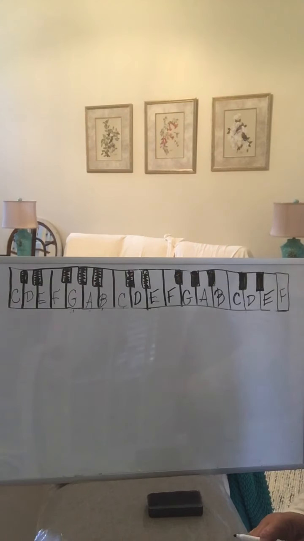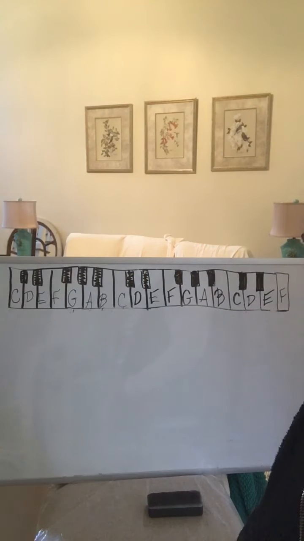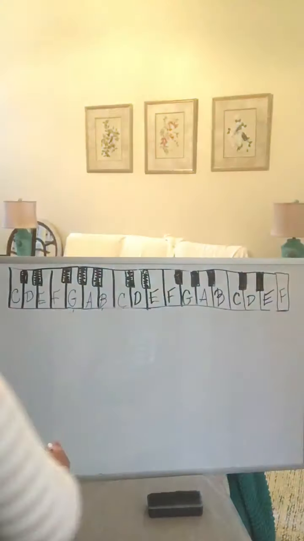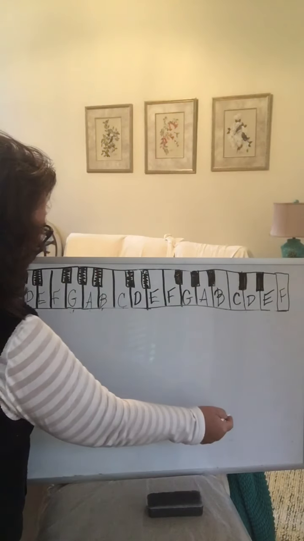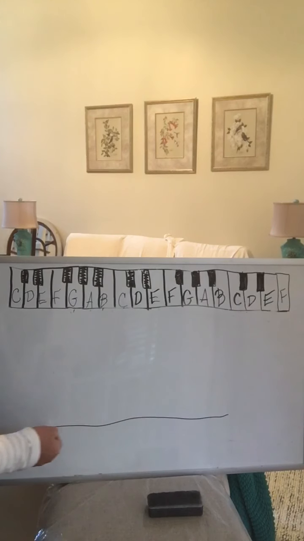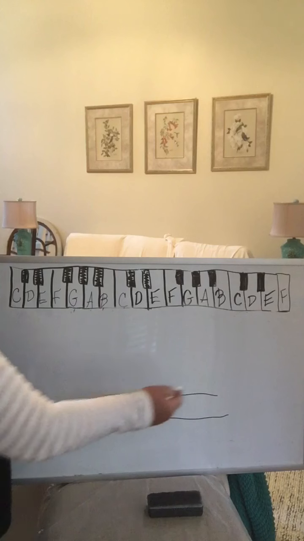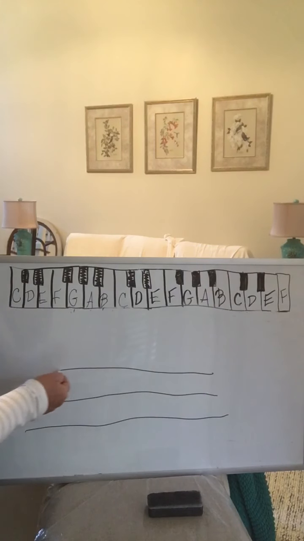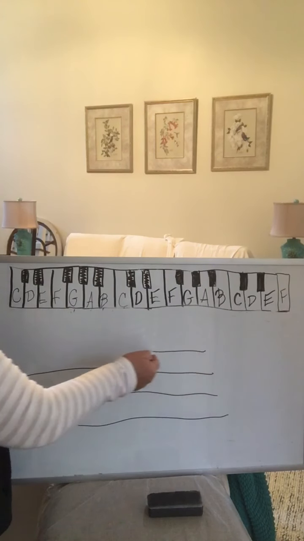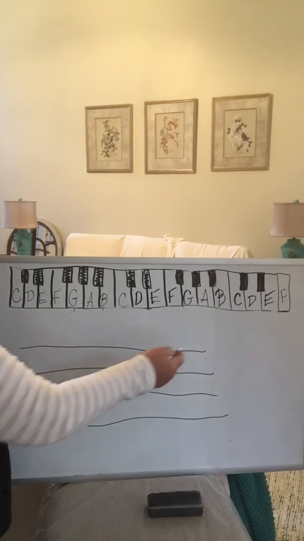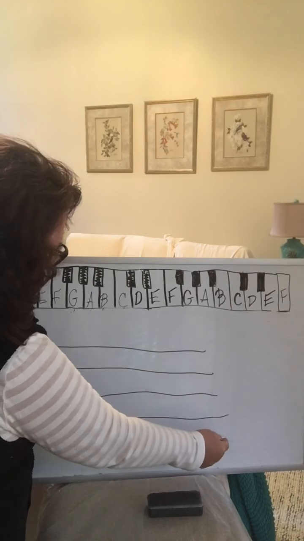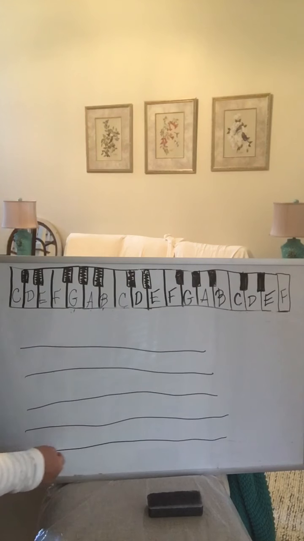You've got your notebook and your pencil, your workbook, and I'm going to go ahead and draw a staff, line 1, line 2, line 3, line 4, and I'm going to put an extra line down here because I was a little too close to my keyboard. So there are our 5 lines, 1, 2, 3, 4, 5.